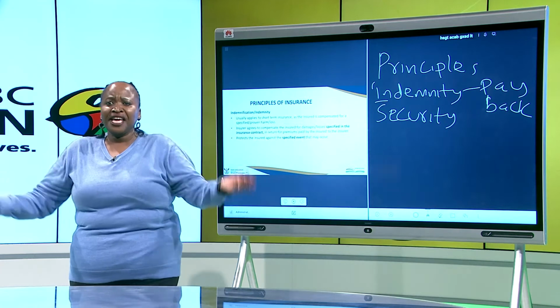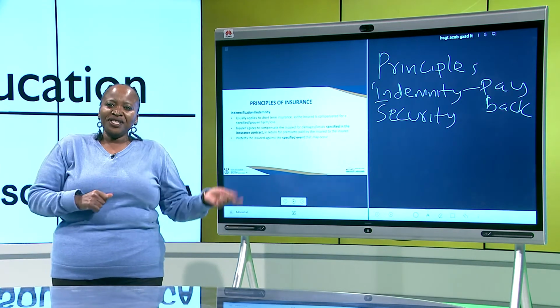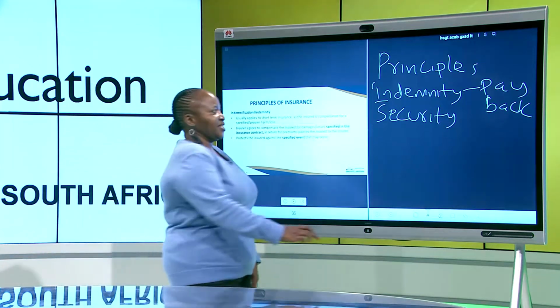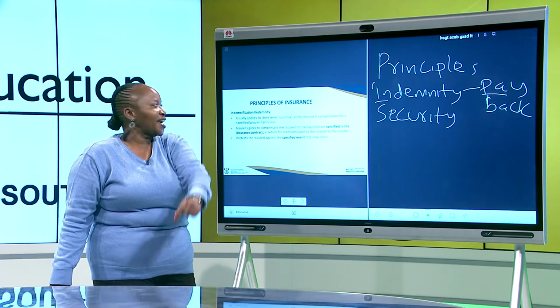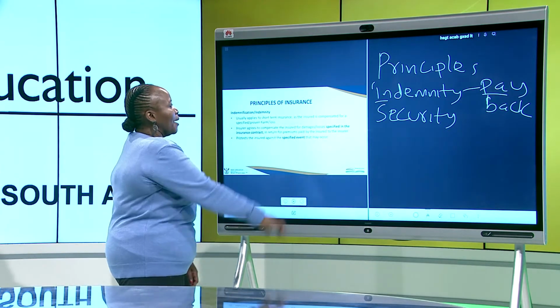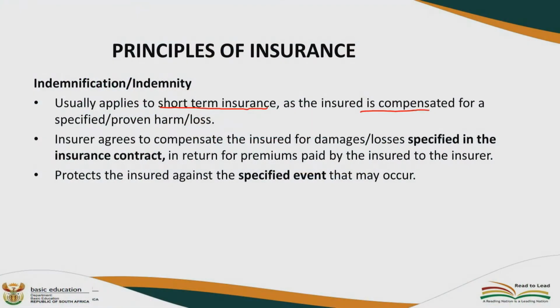I'm going to just recap the principle of indemnity. Remember, what did we say? We said principle of indemnity. This is where the insurer undertakes to indemnify the insured. It applies to short-term insurance, as the insured is compensated for a specified event. Can you see, the word specified, it's coming again.